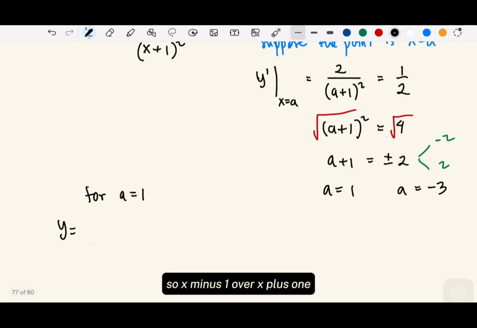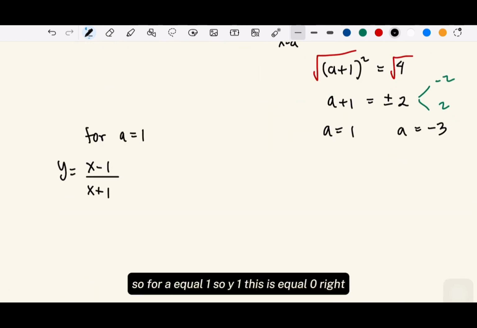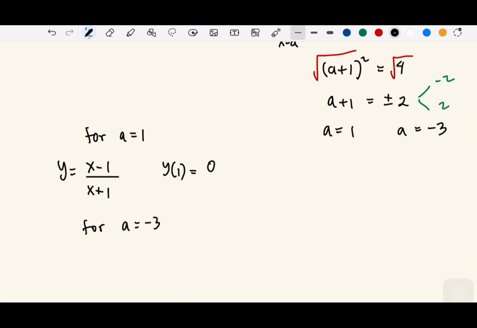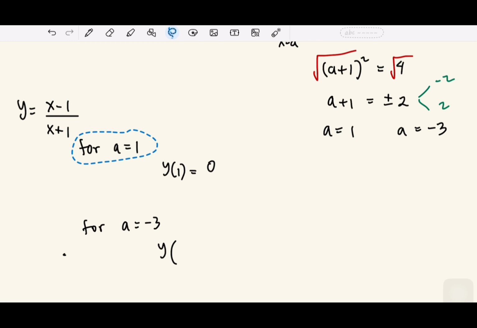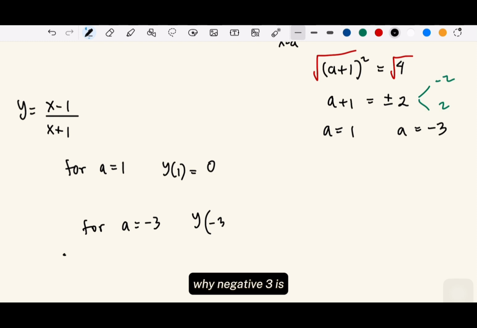Yeah. So x minus 1 over x plus 1. So for a equal 1, y of 1 is equal to 0, right? And then for the second one, a equal -3. Then y of -3 is, what is that? -4 over -2, which is 2, right?